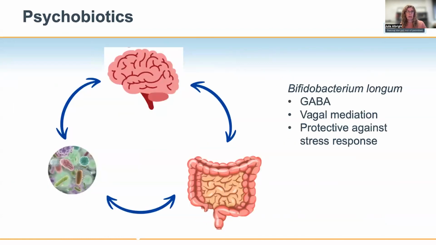So we talked a little bit about the gut microbiota brain axis. So do we have any of these probiotics that can be considered psychobiotics? And the answer is many have been shown to have some promising effects. One of them, Bifidobacterium longum, has a metabolite that enhances the formation of GABA.